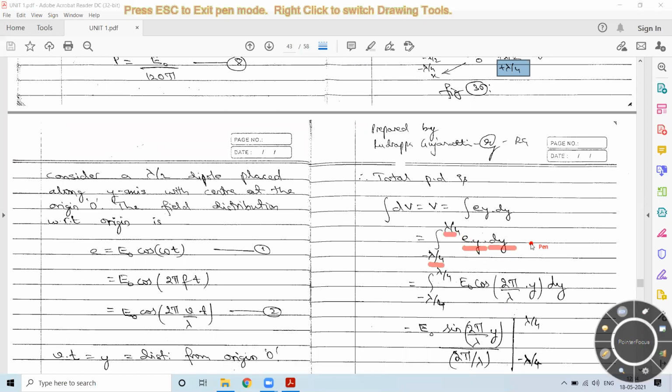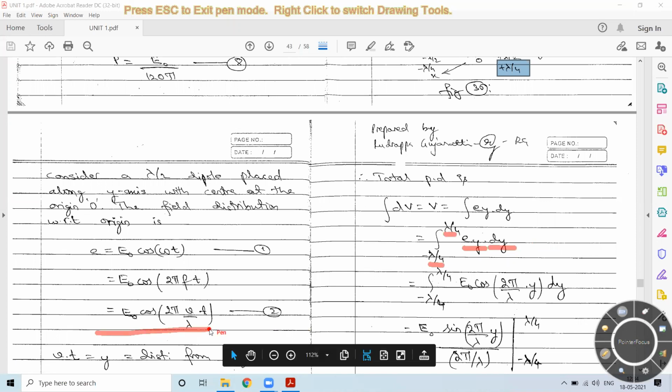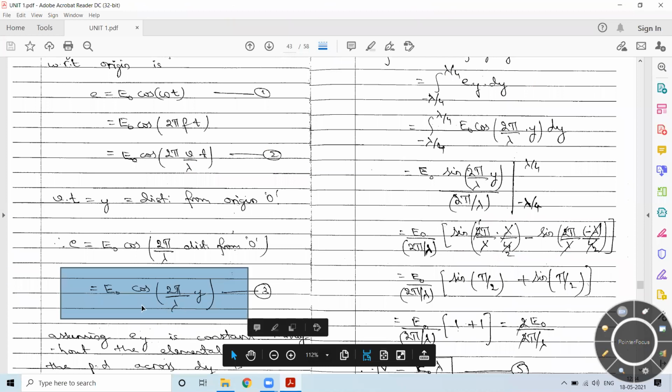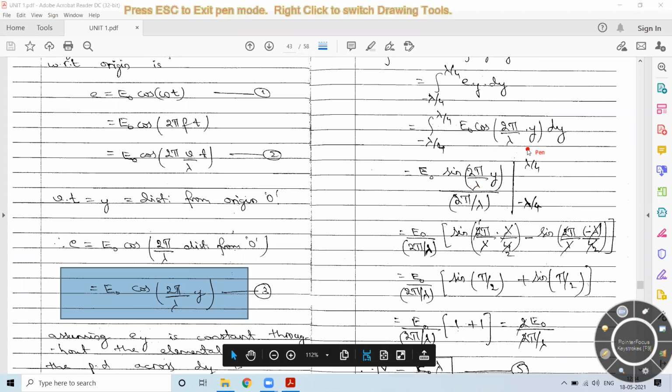Now, what is the Ey value? Ey is given over here, that is this parameter: Ey is E naught into cos 2 pi by lambda into y. Now you simplify this integration, and you know that E naught is constant, therefore you can take it outside. And what is the integration of cos?